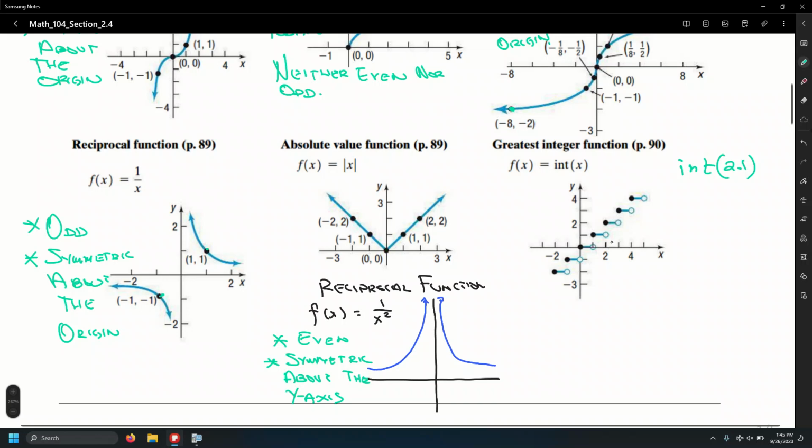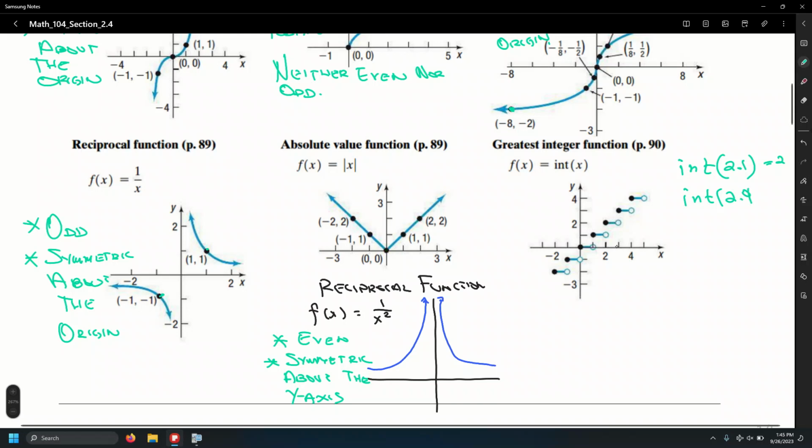And we can see the y value for 2.1. From the graph, what's the y value? 2, all right. What about the greatest integer of 2.9?